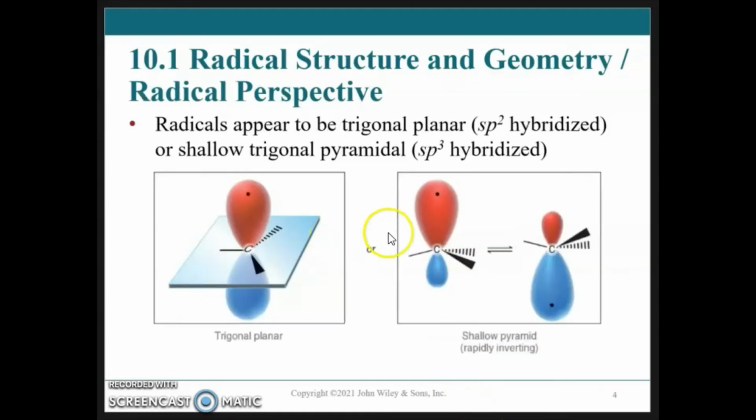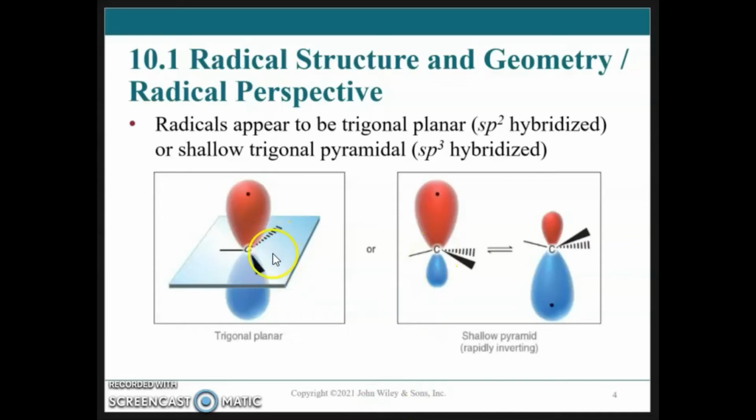And indeed, it does, either trigonal planar or a very shallow pyramidal structure that rapidly inverts. So this is planar and this is near planar. We can call this periplanar. Peri comes from the Greek word for near, so it means near planar or approximately planar. So I may refer to this as periplanar.